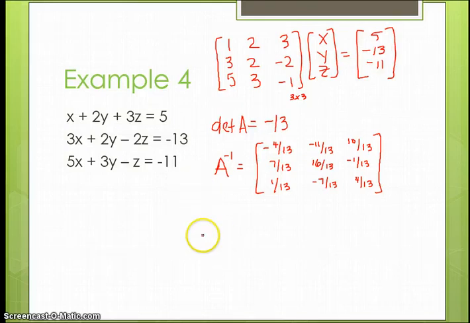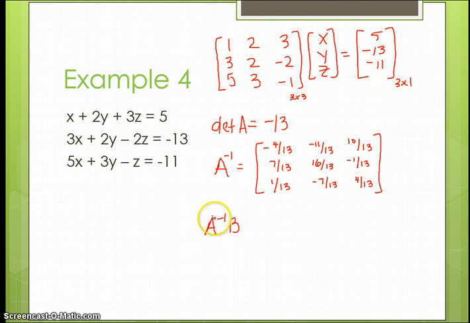You then need to multiply this inverse matrix times your solution matrix up here. And you will need to put that second matrix into your calculator as B. So go back to your matrix menu, go over to edit, go down to the second matrix. You're putting in this 3 by 1 matrix, enter each row, hit enter.